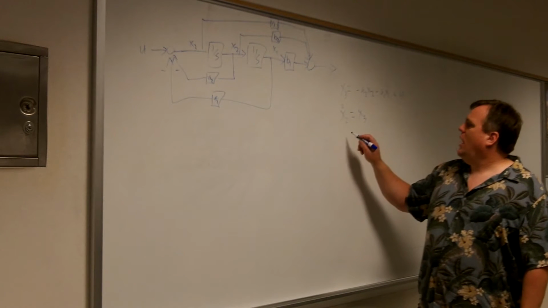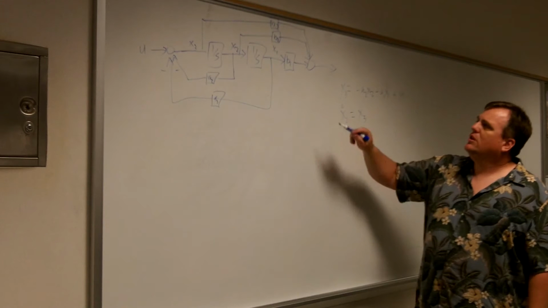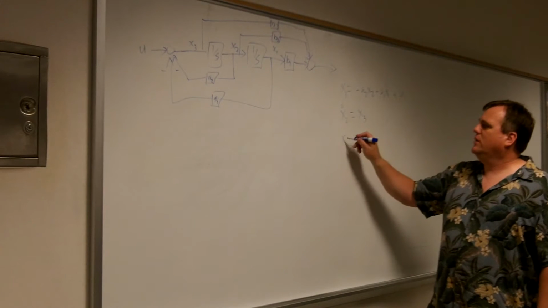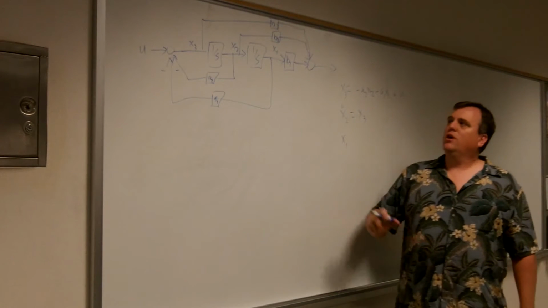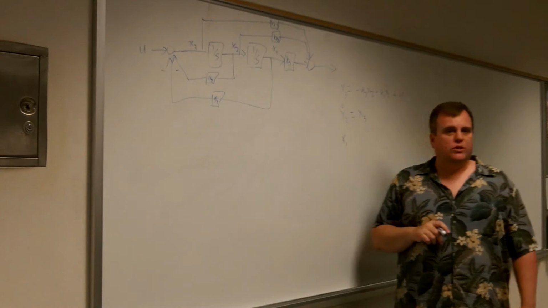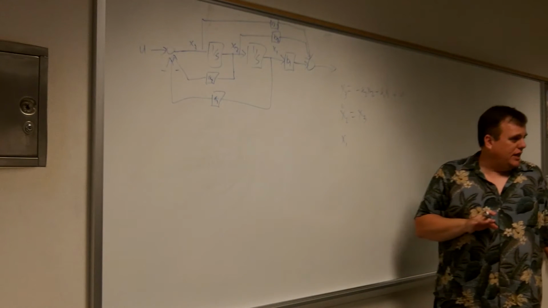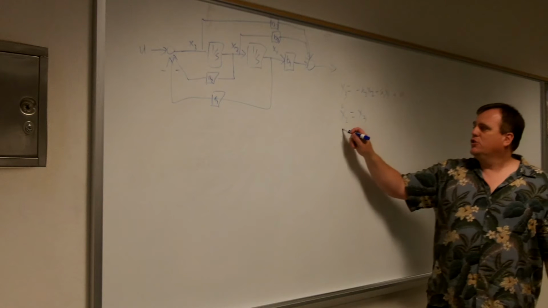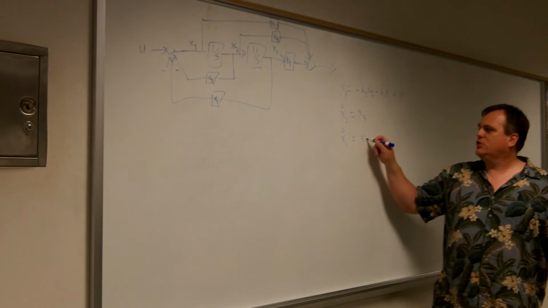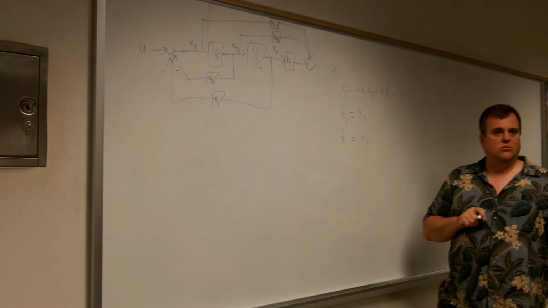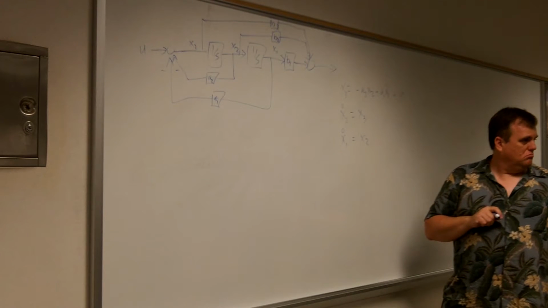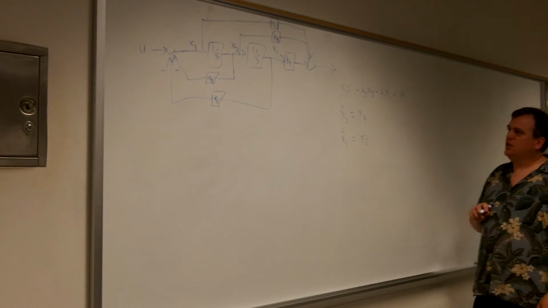And how about an expression for x1? Well, I know x1 is the integral of x2, nothing else added in. So that means the derivative of x1 must be x2. Fair?